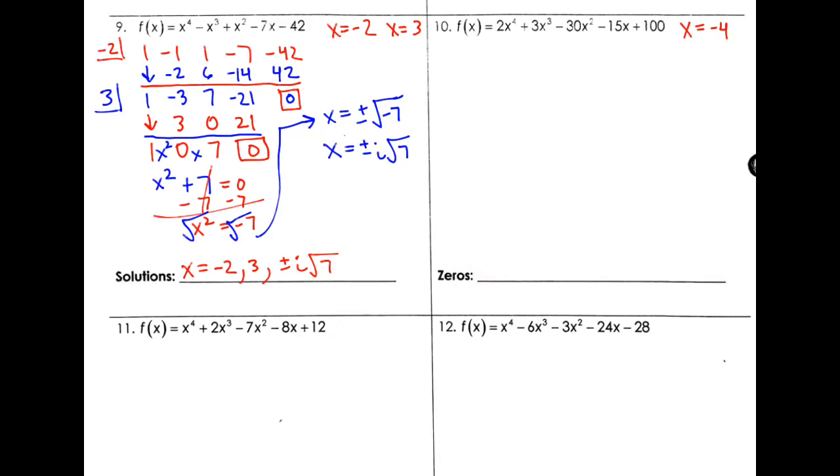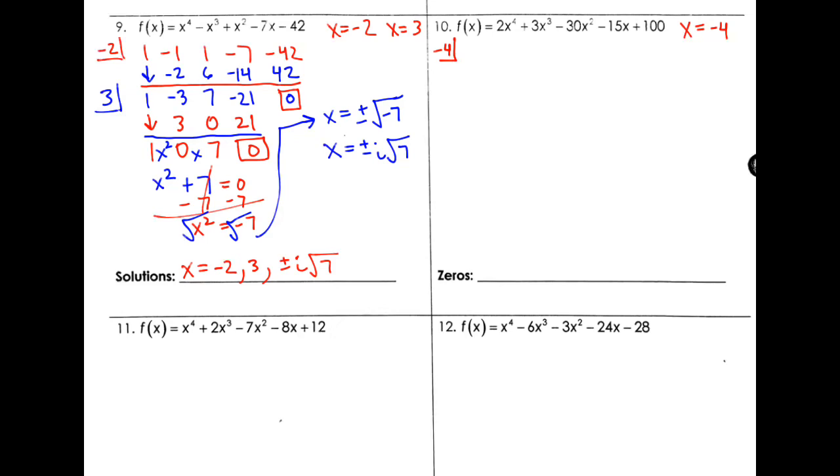All right, so let's hop into our synthetic division. This is a big one here, so I'm going to try to save some space. This is counting down 4, 3, 2, 1, so we don't need any placeholders.